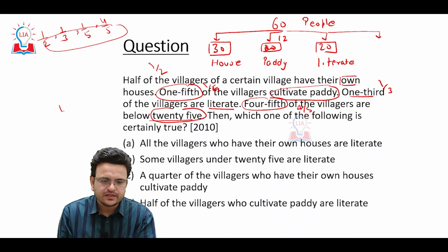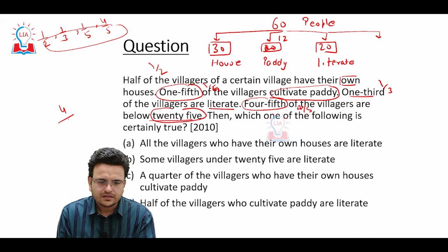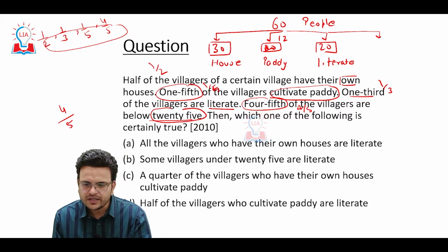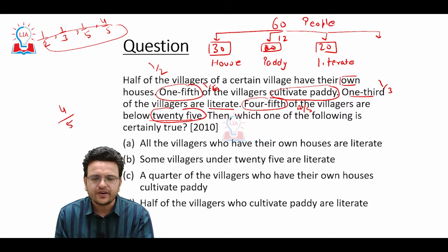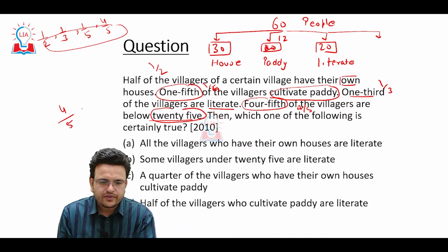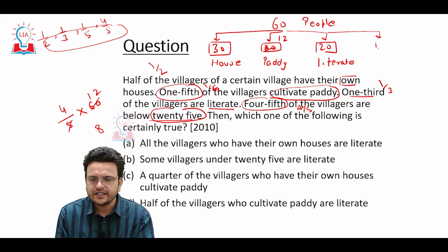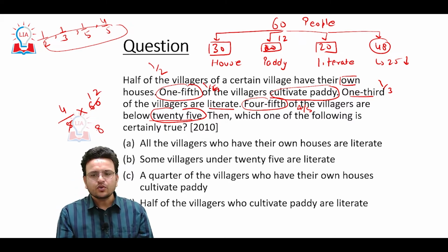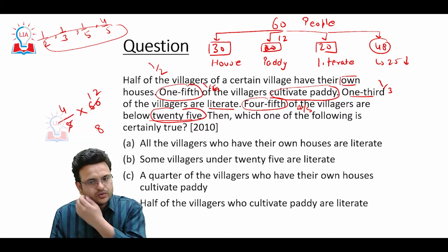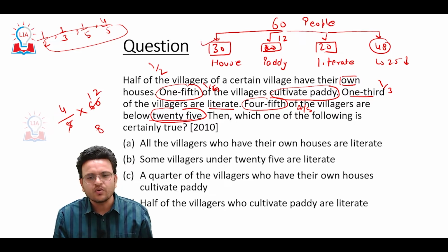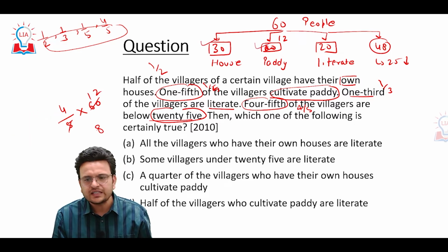So 4/5 of 60 will be around 48. 48 are below 25. Now this question becomes very easy. If you do it that way, 30 villagers have their own house, 12 have paddy cultivation, 20 are literate, 48 below 25.